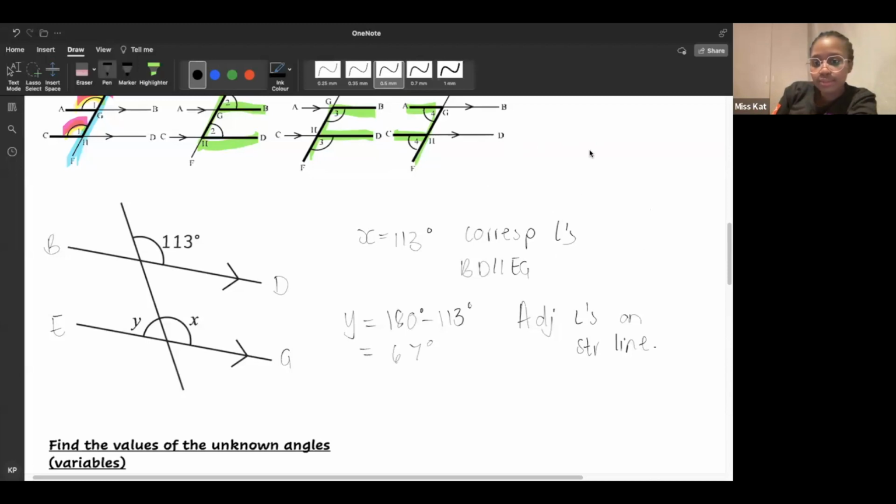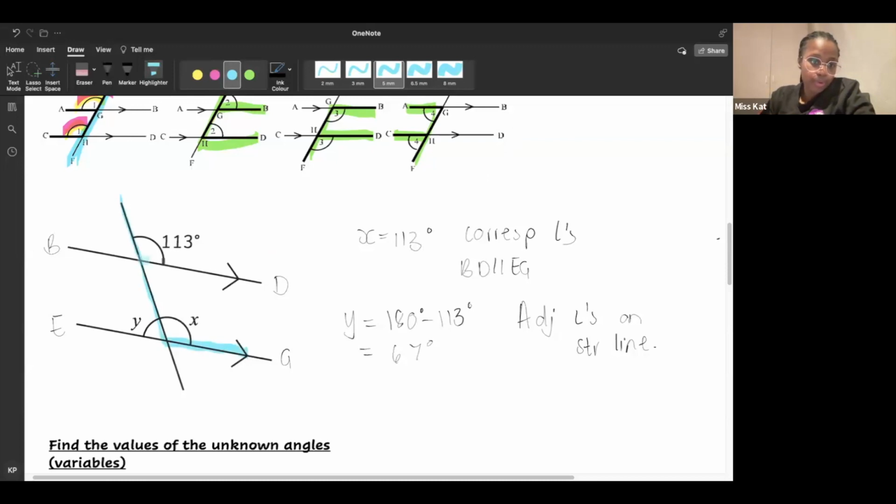Ma'am, I don't understand the whole thing. I understand the first part because it's corresponding angles because they're on the same vertically opposite line. Okay, Fatima, we're looking for the F, right? So look here.